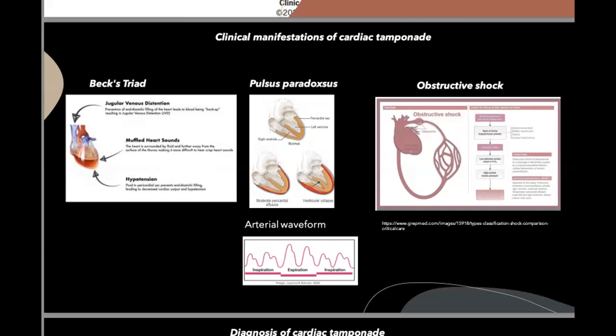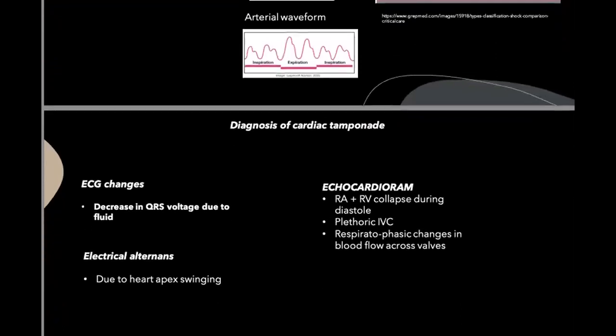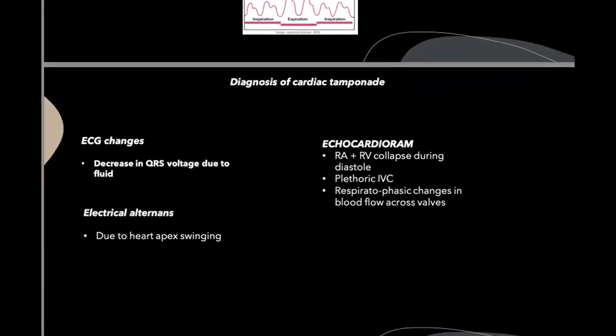So yeah, in tamponade, you will see pericardial effusion, a small left and right ventricle because of the compression, and then there will be a dilated inferior vena cava. And for the diagnosis of cardiac tamponade, we have ECG changes here as well. That will be a decrease in QRS voltage due to the fluid. So we have a lot of fluid, and then obviously the voltage is dampened, and we cannot have as high voltage as we expect or normally have.